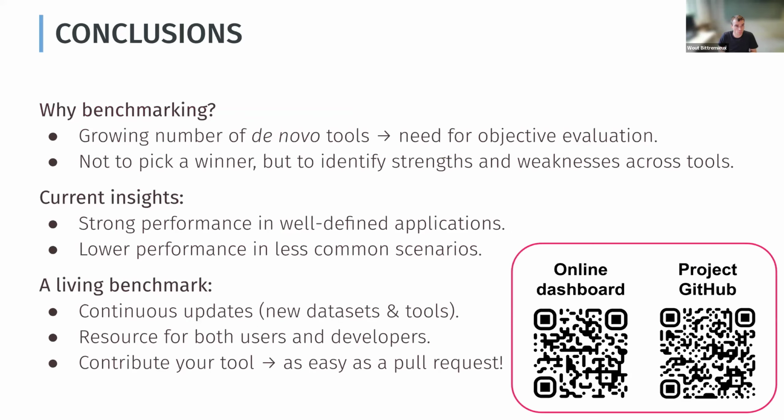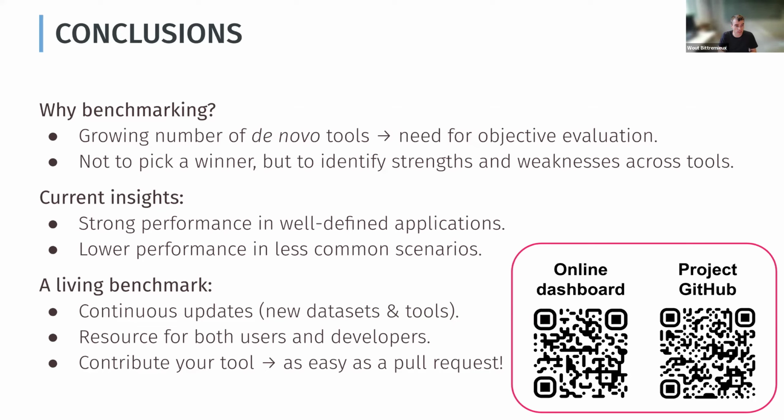And so, in conclusion, why do we need to do this benchmarking? Well, there are now dozens of different de novo tools, and we need objective evaluation. Not necessarily to say this is the best de novo tool that everyone should use, but rather to identify strengths and weaknesses across the tools and figure out in which settings de novo sequencing is a good option or where it might still struggle.